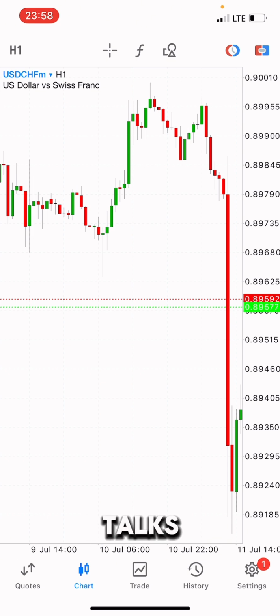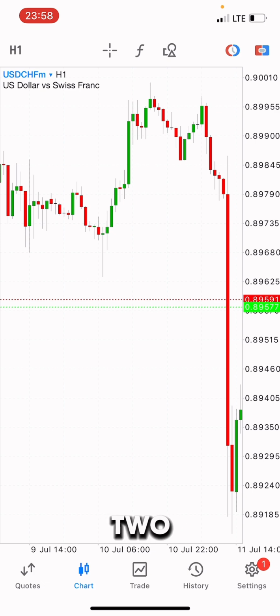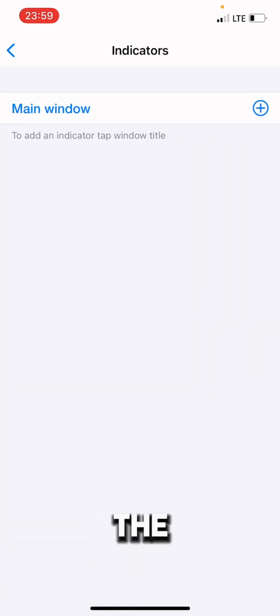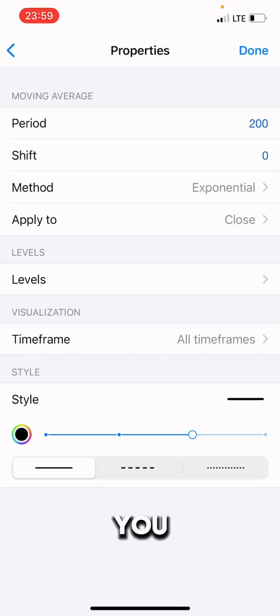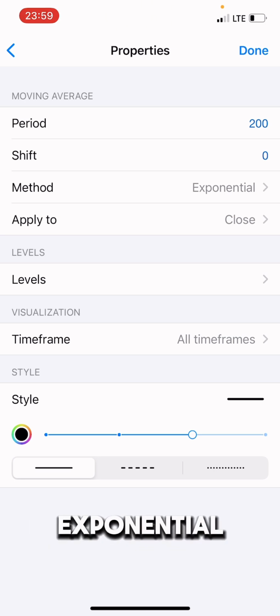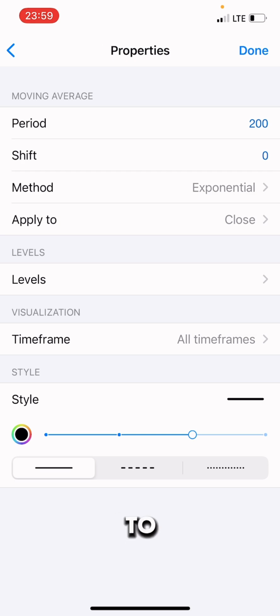So without much talk, like I said, I want to just give you guys the settings of these two indicators I just mentioned. The first one is the moving average. You go to your settings and add the moving average, change the period to 200, the shift should be 0, the method should be exponential, then apply to close.